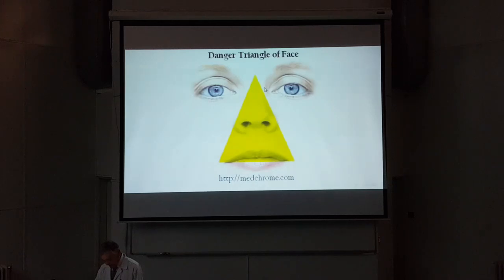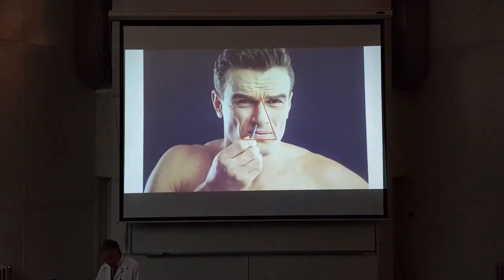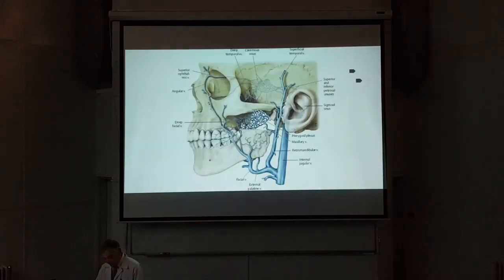These areas are within a triangle called the dangerous triangle. It involves the root of the nose, the dorsal part and the sides of the nose, the tip and the upper eyelid. This is the dangerous triangle of the nose.